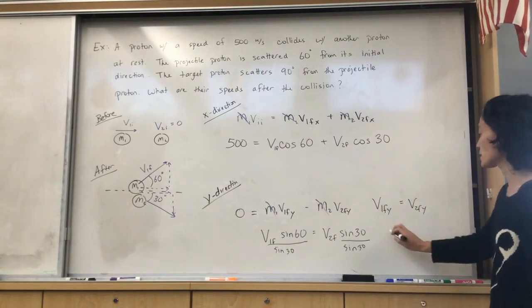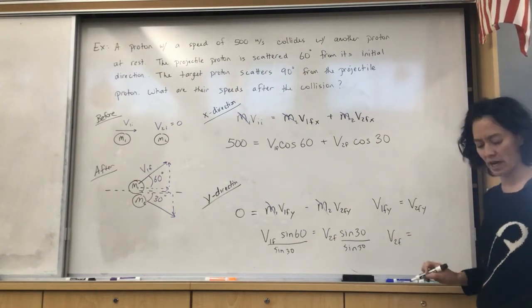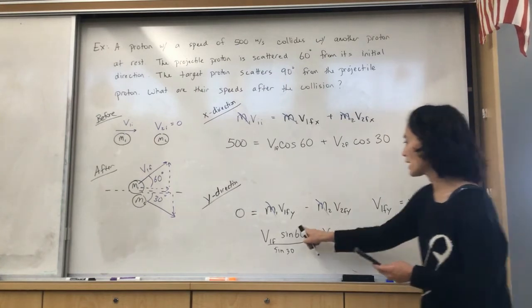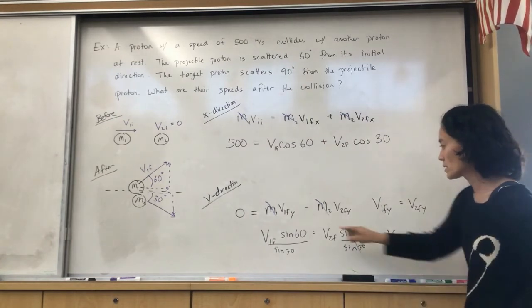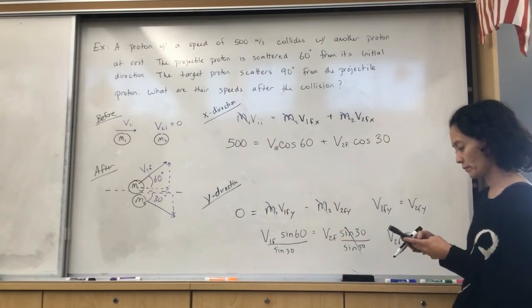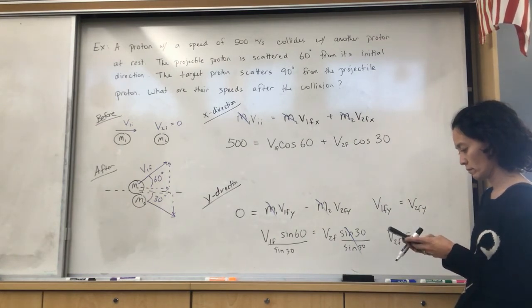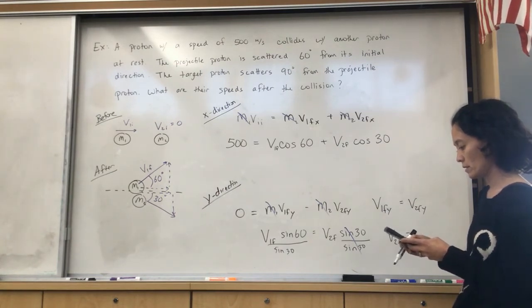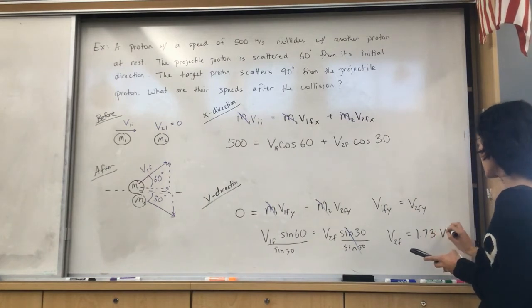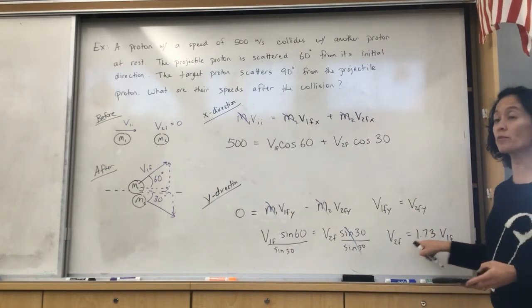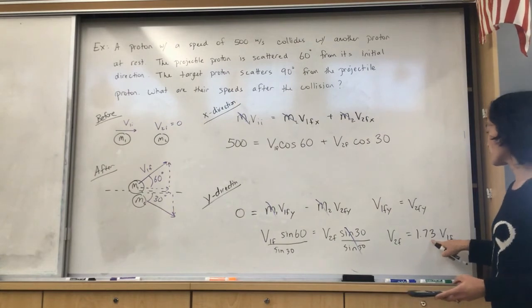I'm going to calculate sine of 60 divided by sine of 30, and I get 1.73. So my relationship is V2 final is 1.73 times V1 final.